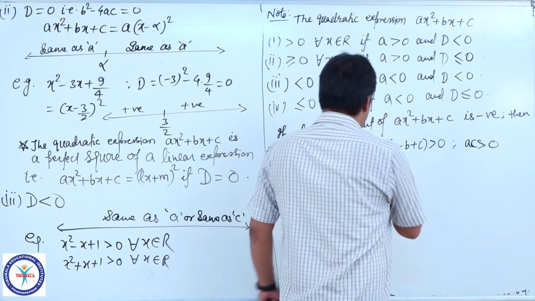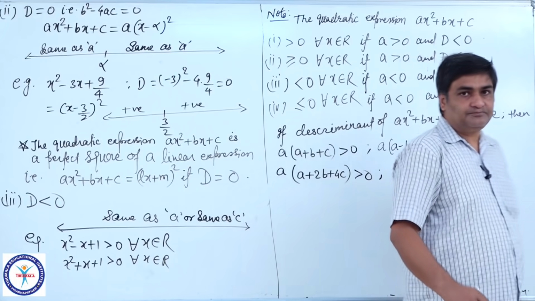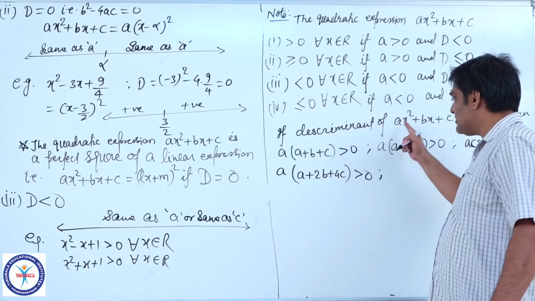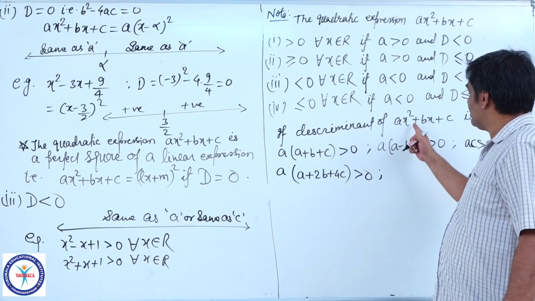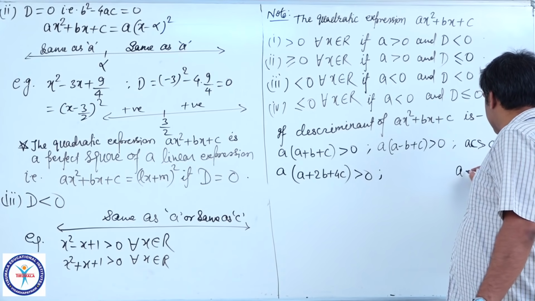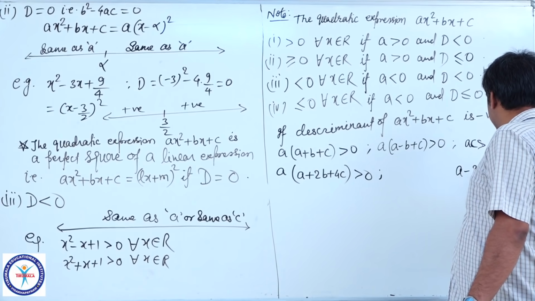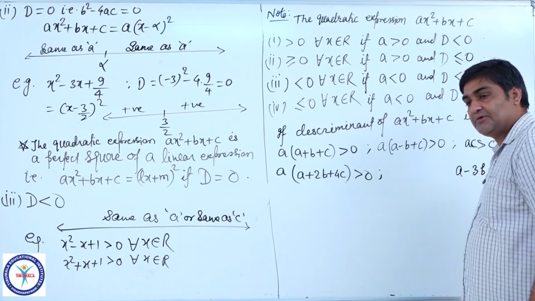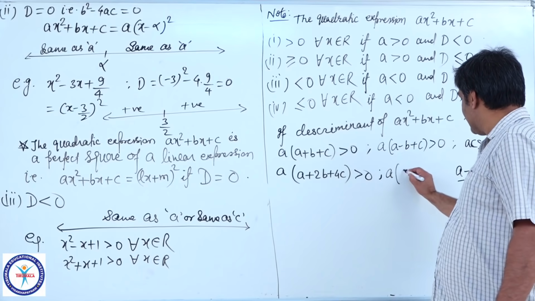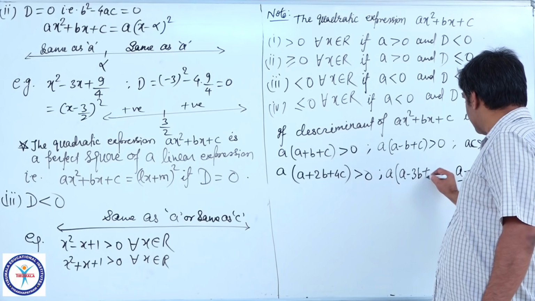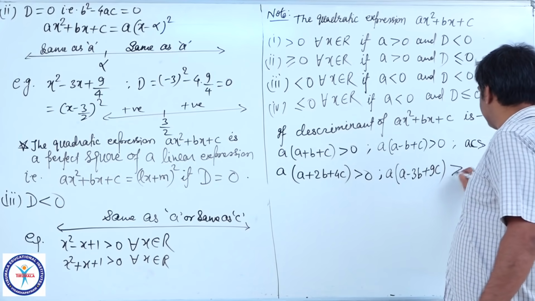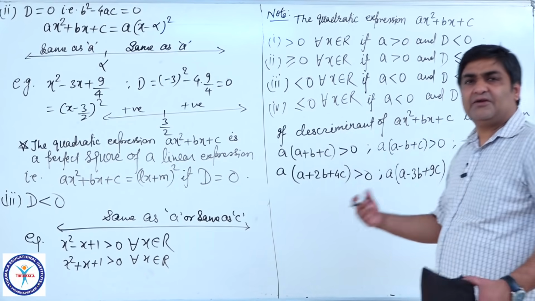Now, put any other value. Say I am putting minus 1 by 3. If we put minus 1 by 3 in place of x, we will have (a minus 3b plus 9c) by 9. So we can say that a into (a minus 3b plus 9c) is greater than 0, and so on.